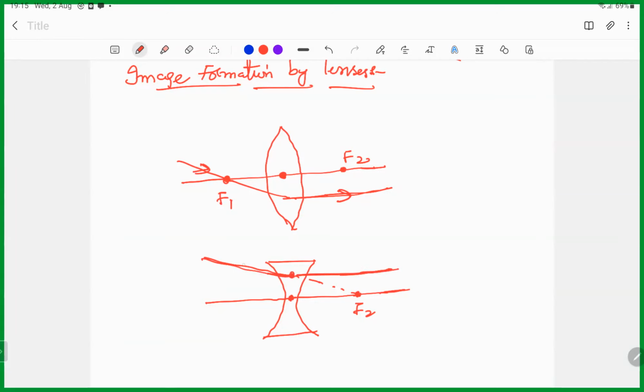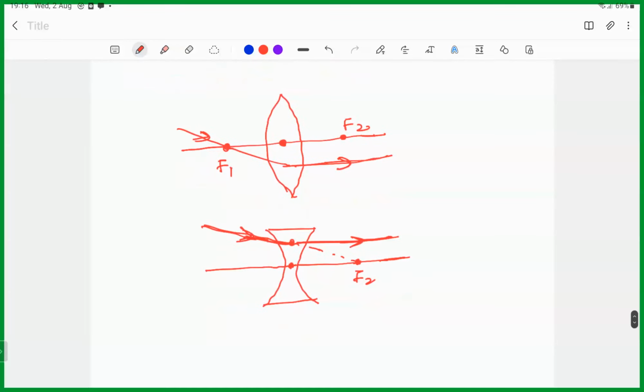The incoming ray is like this, then it will be parallel to the principal axis. So here it's not passing really. Yeah, it's virtually appearing like passing through the focal point F2. Okay, it's virtual, it's not real. So in that case, it will be parallel. Okay, so this is the difference with respect to convex and concave.